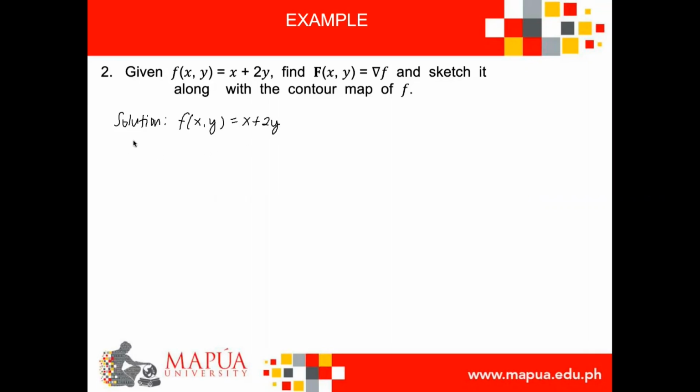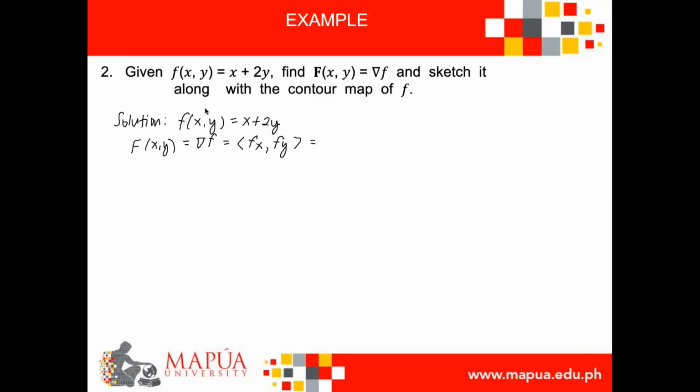Defining now the vector field or gradient vector field F of x, y, which can be found by taking the gradient of f, and that is taking the partial derivative of the function f of x, y with respect to x, then with respect to y as its components.